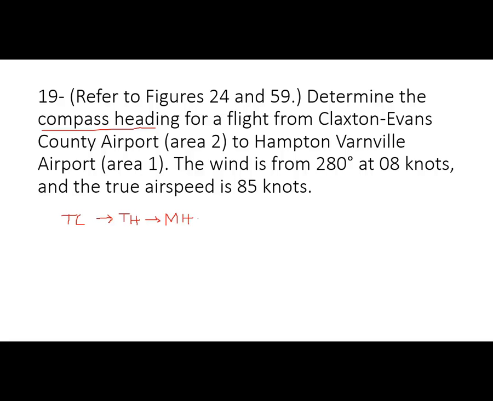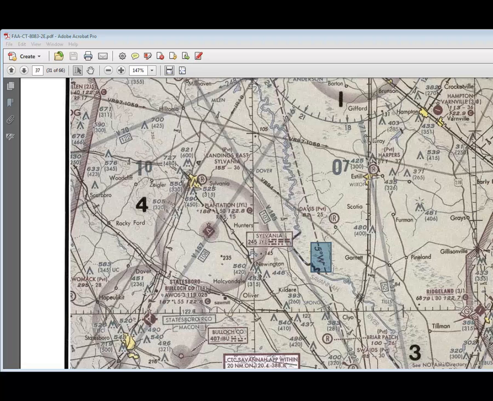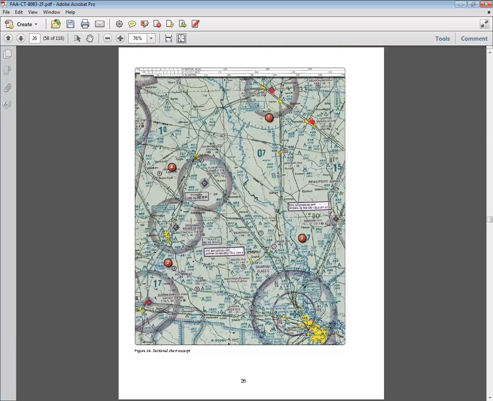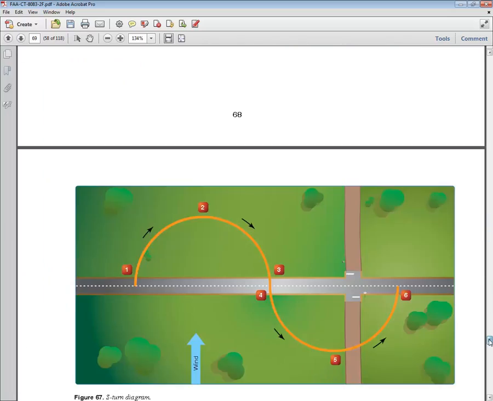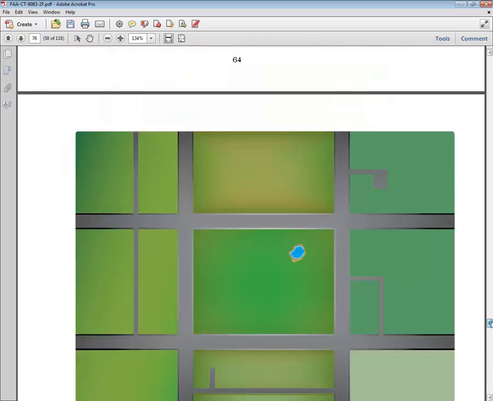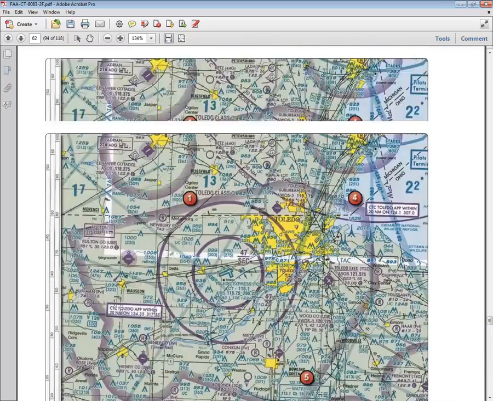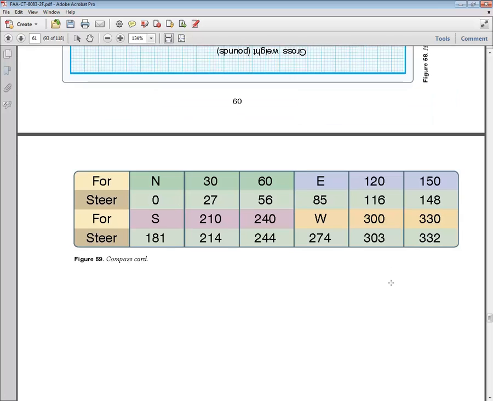And the last thing we need to do is correct for deviation. We'll get our compass heading when you correct for deviation. The way you do that is you bring out, it says here, figure 59. So we're going to have to jump way ahead here. Let's bring that one out. Here we are, figure 59.